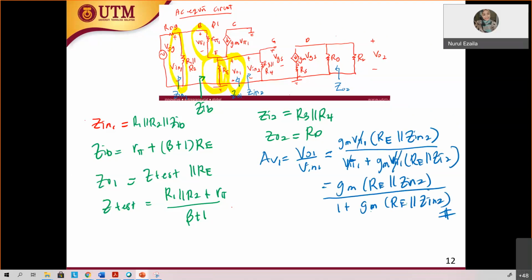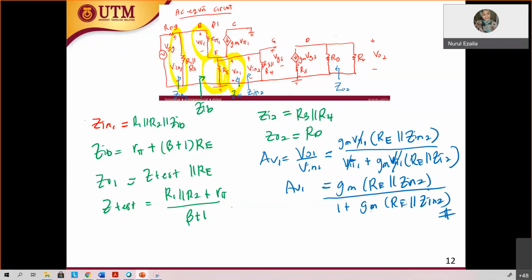Remember that your objective is to simplify the equation, as in you have to cancel out the V pi. So on the left is GM and their friends. All right, let's take a look at the AV2.